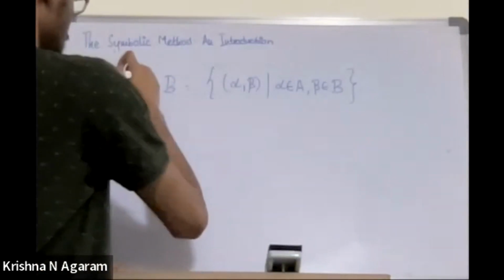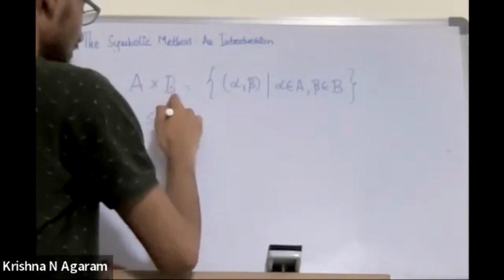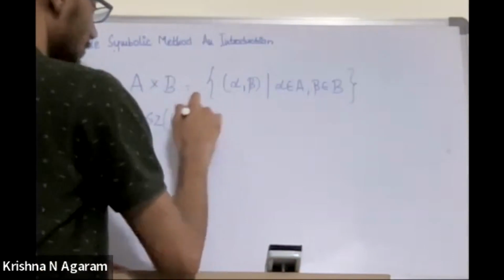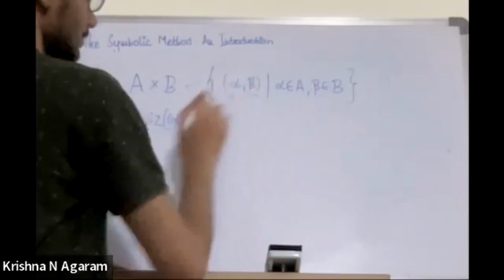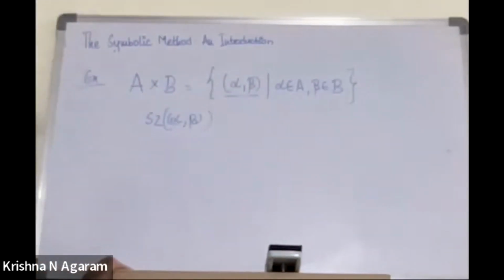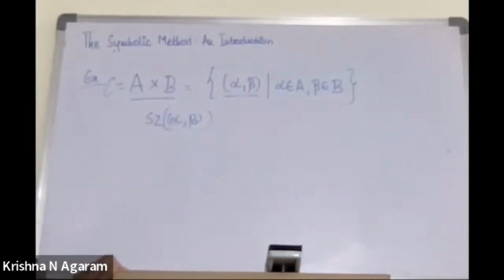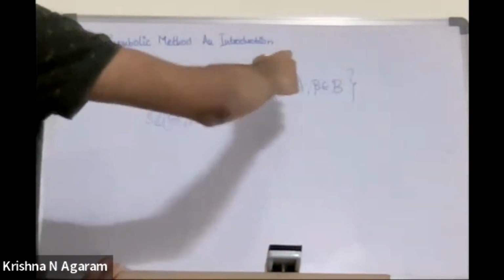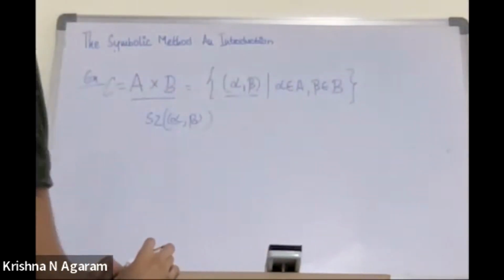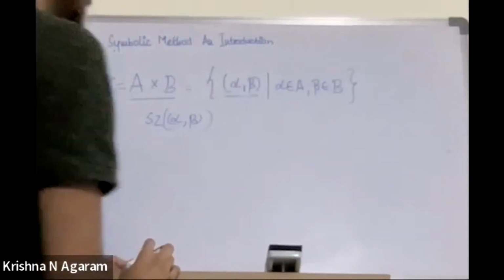And if I define the size function on these tuples, right? So now these pairs are the elements of A cross B. I'll call A cross B C. I want C to be a class. So, I mean, it already has a countable number of elements, so that's all okay.